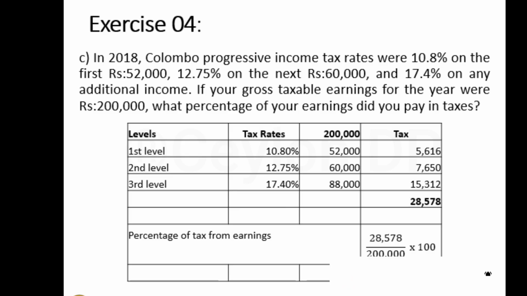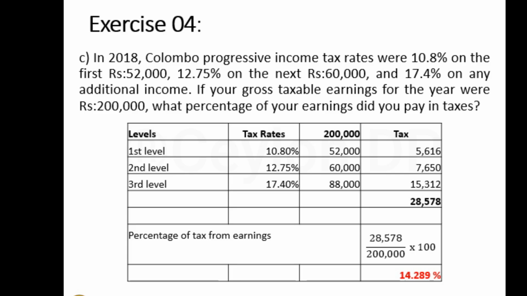The answer I have calculated using Excel, but you have to do it by yourself. In the first level, I have mentioned here levels, tax rates, and income and tax. For the first 52,000, they are calculating 10.8%.